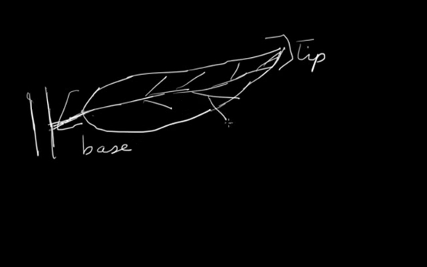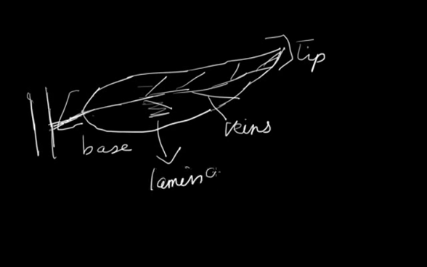You have the veins, that's connecting vessels, and this flat portion is the place where you see the chloroplast, that is the organelle which contains the chlorophyll, and that flat portion is the leaf blade, or you call it the lamina.